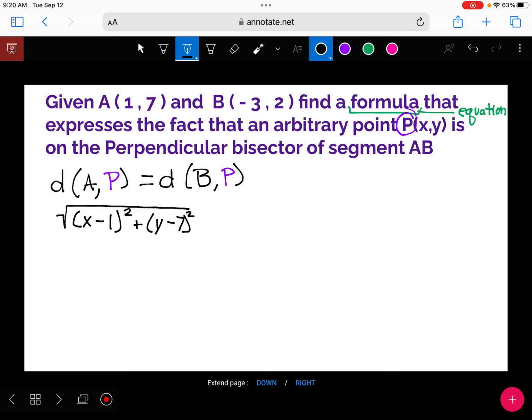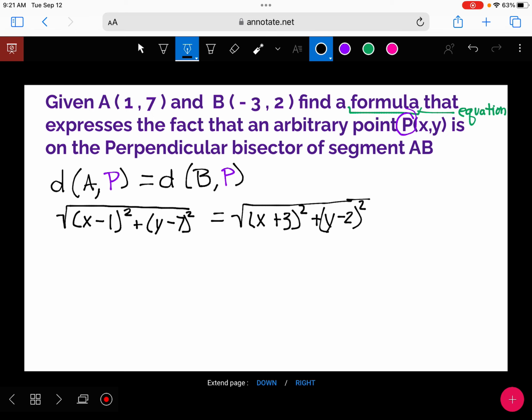So I want to see where I find all those pieces. We want to know when that equals the square root of same thing for B and xy. X minus negative 3, so x plus 3 squared plus y minus 2 squared.